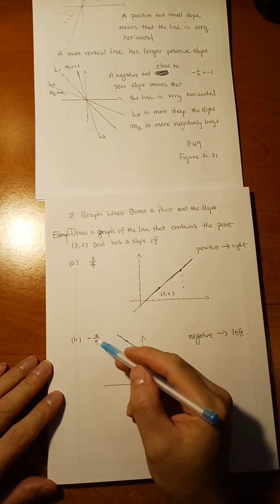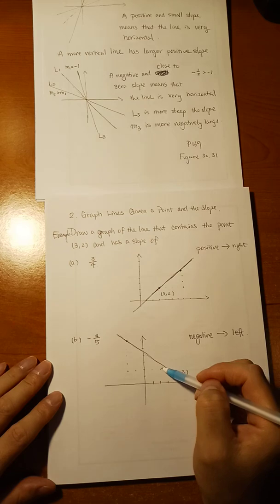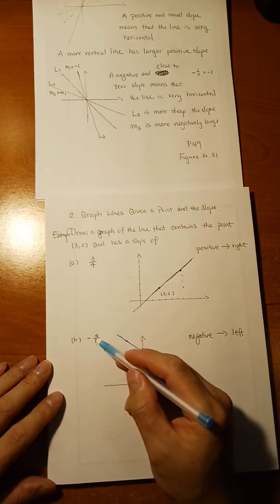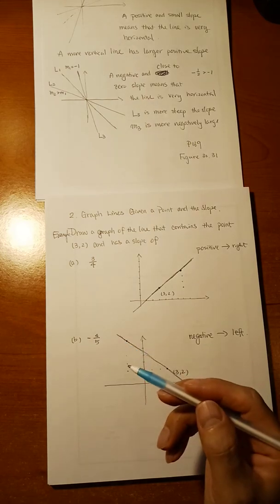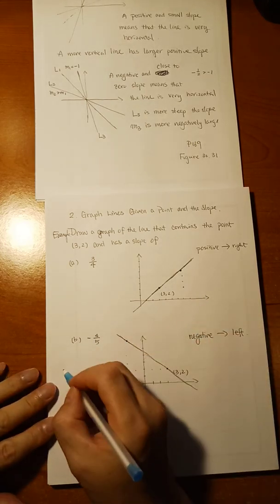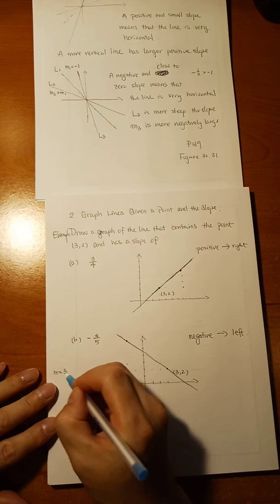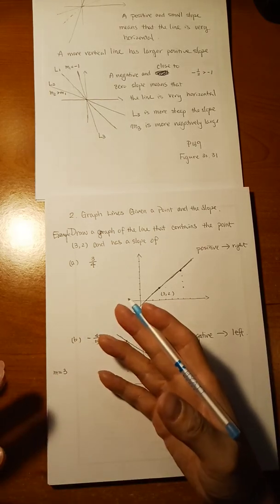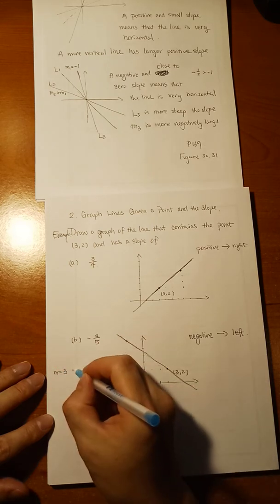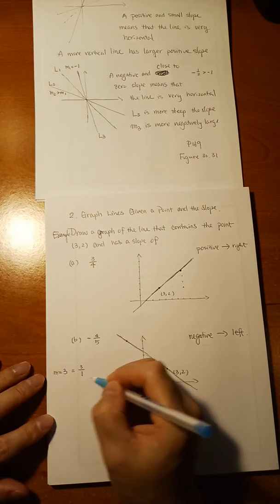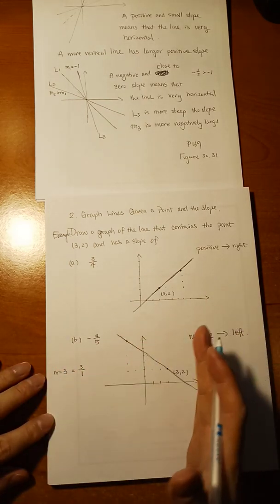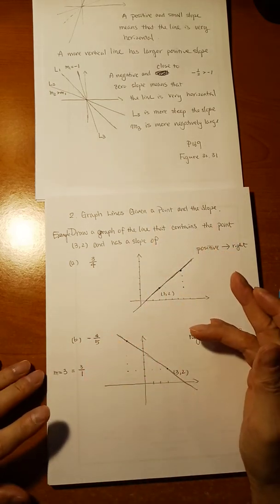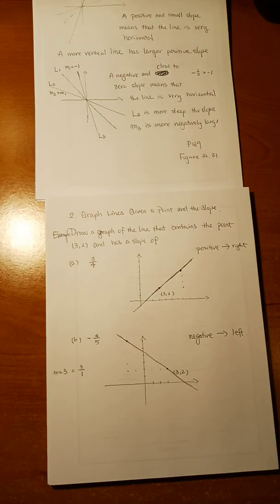If you have a denominator, then you move horizontally according to the denominator. You move vertically according to the numerator. Okay? For example, if the slope is 3, how do you use it? It has no numerator and denominator. You just consider it as 3 over 1. Move horizontally 1 unit, vertically 3 units. Okay? So that's the trick.